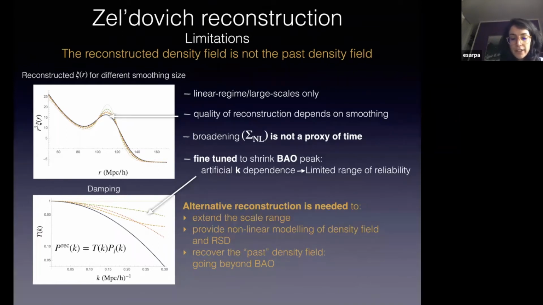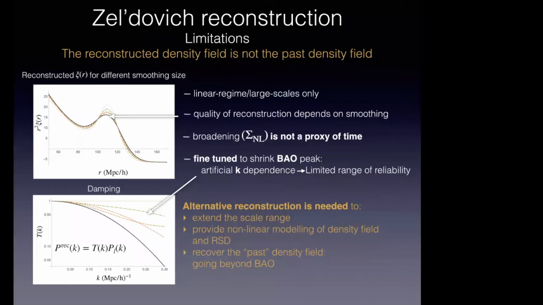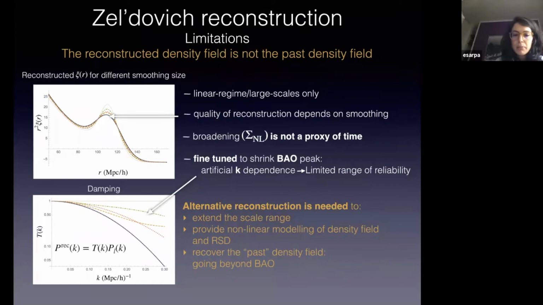We know that the broadening of the peak, which is parameterized by the parameter sigma nonlinear, can be seen as a proxy for time, since moving from the CMB, so early time, to late time, what we do is just broaden this peak. So when we go back in time, we expect to be able to recover a smaller sigma nonlinear parameter.